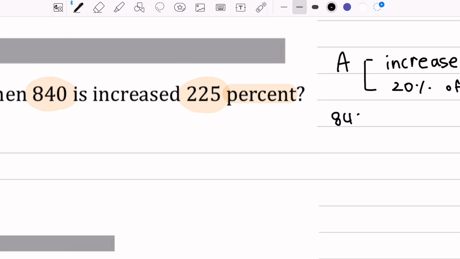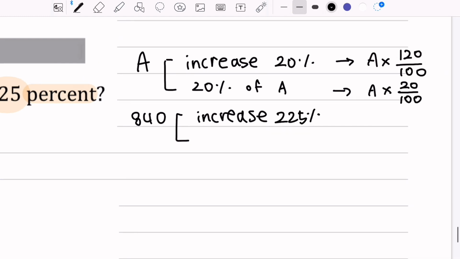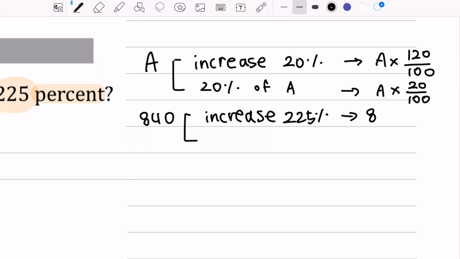840 is A, and it is increased by 225%. Then it would be 840 times 325 over 100. But you might be confused by this and 225% of 840.